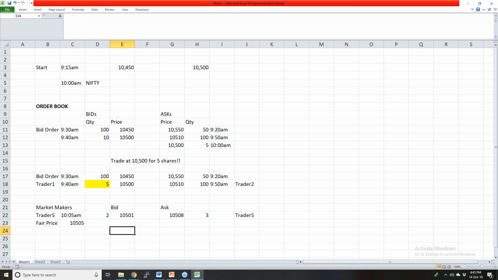If I buy, I bag in a profit of 4 based on the fair price. If I sell, I bag in a profit of 3. If somebody buys from me and sells to me in the same quantity, I automatically get 7. And this difference between the bid and the ask is called the bid ask spread. Is this clear?